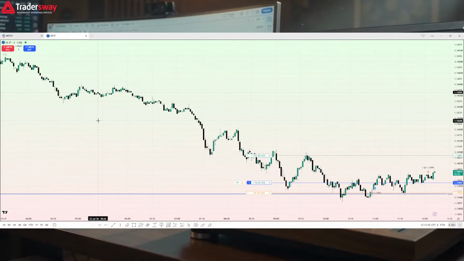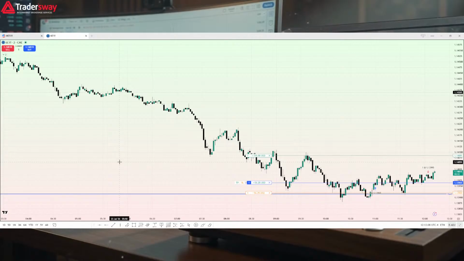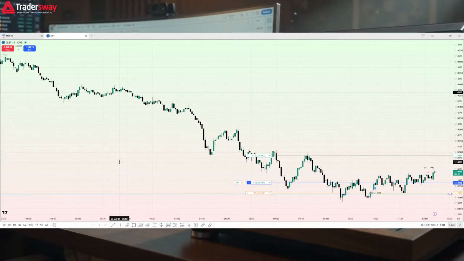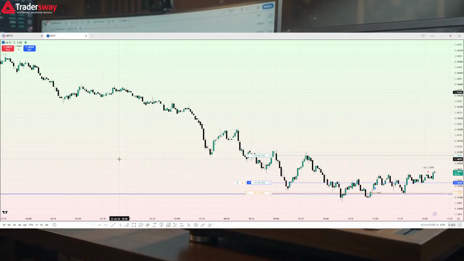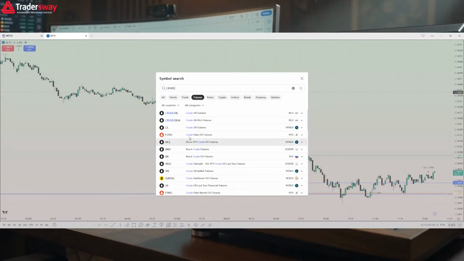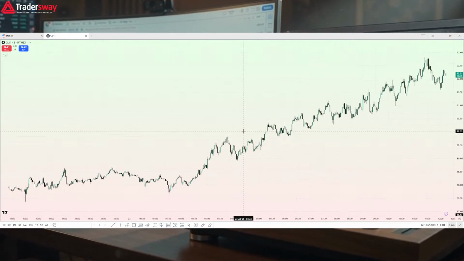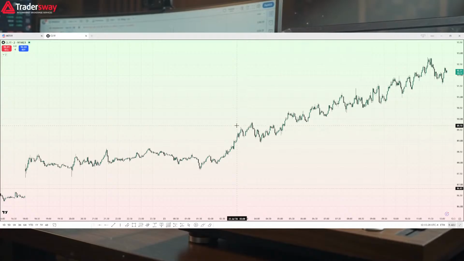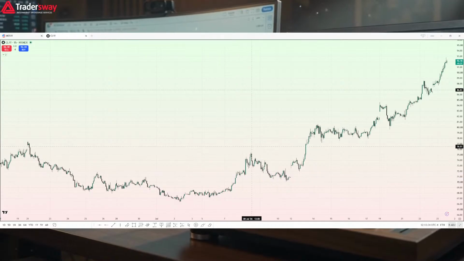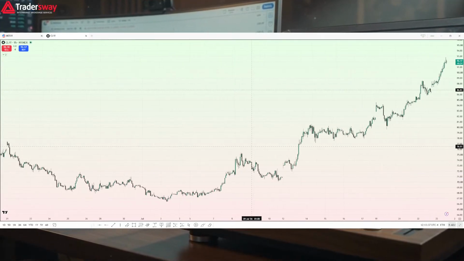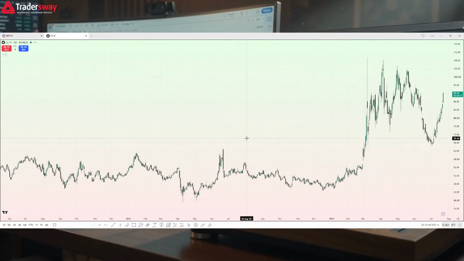XE is inching higher. Let's look at crude. Crude is $92.